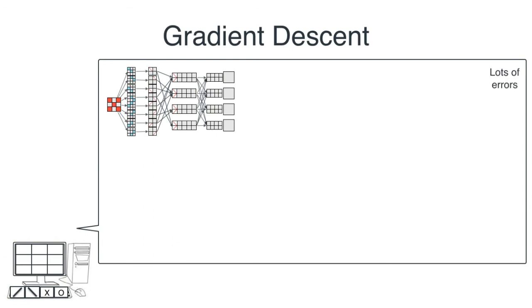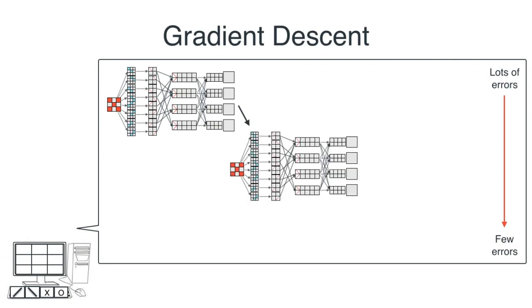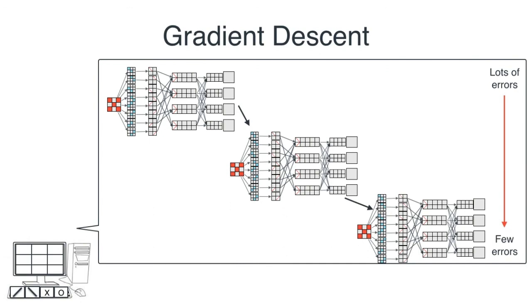It starts with a random number for the convolution layer, for everything. And of course it has lots of errors, so to decrease the errors, gradient descent works to minimize those errors using activation functions and with the help of an error function while finding the derivative. So this is how the computer does it.